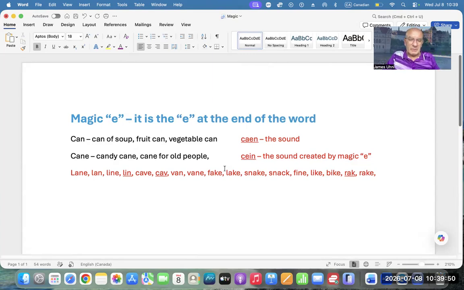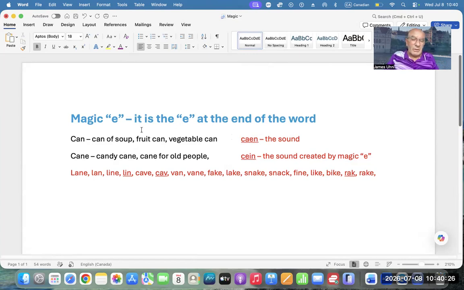It is the E at the end of the word. We have, for example, the word can. Can of soup, can of fruit, or fruit can, vegetable can, or we can do something, right? That we read as the sound can. This is the spelling of the sound can.